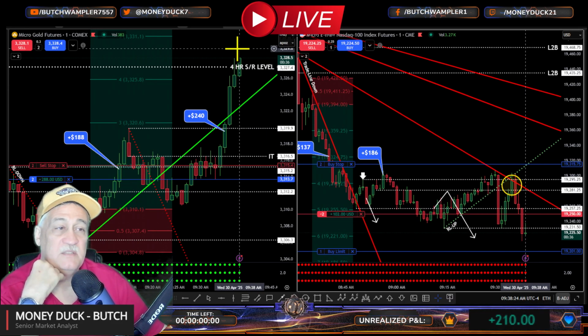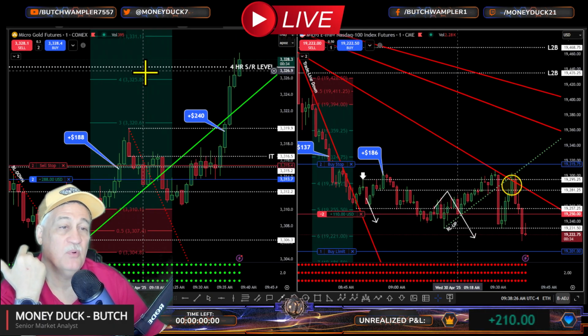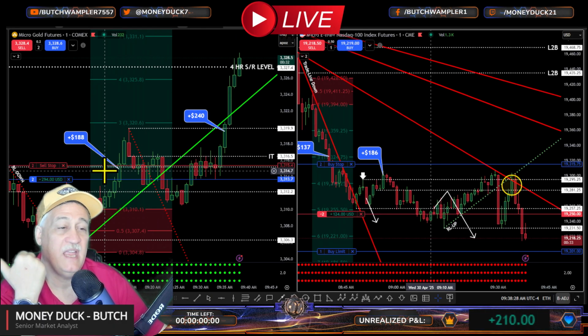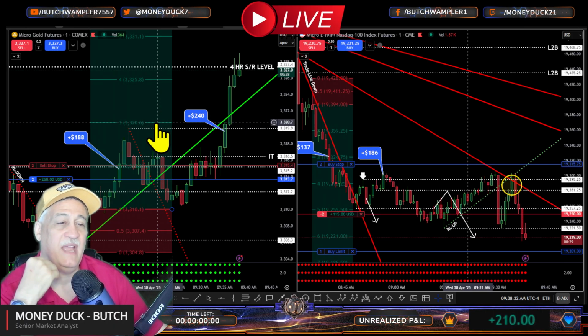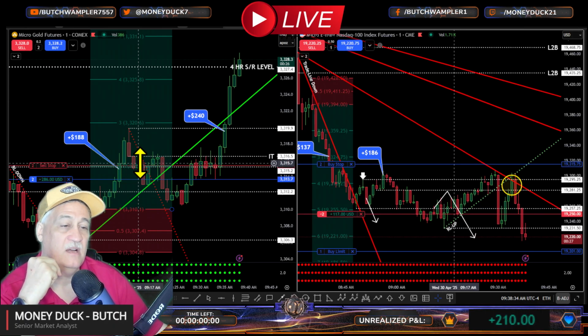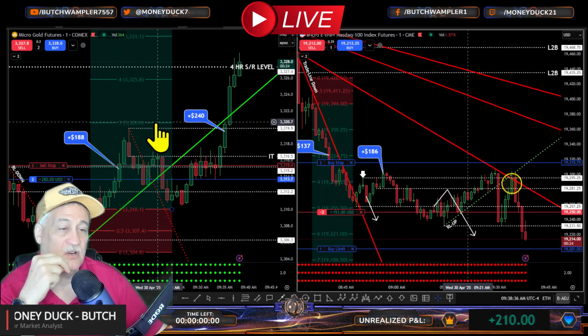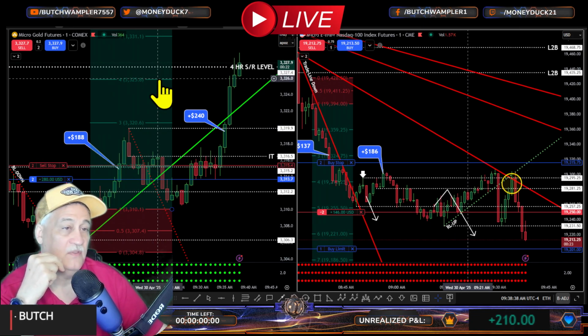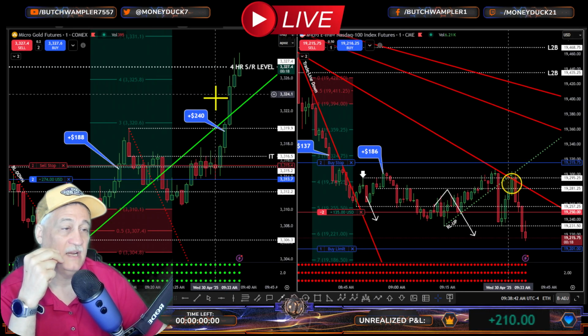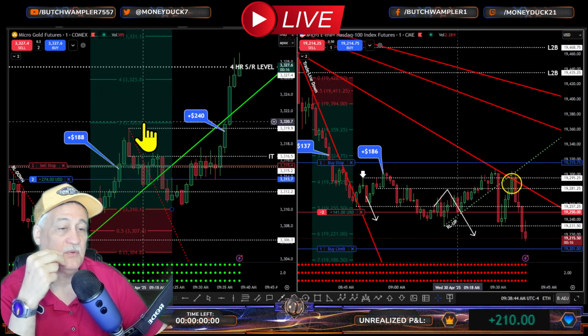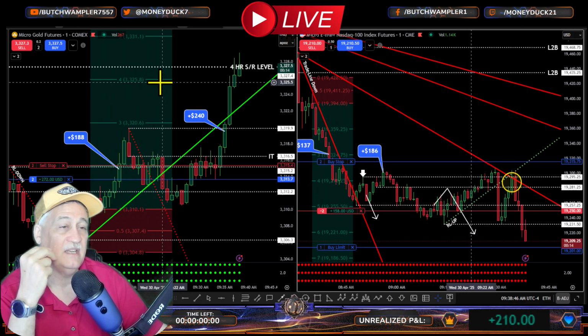Okay, so gold has pushed up to the halfway point between 4 and 5. I'm okay with using halfway points. Nothing says you have to use the rigid targets we have in here on this trade position tool or target tool, right? So we moved up to level 3. We had our stop at break even. It hit level 4.